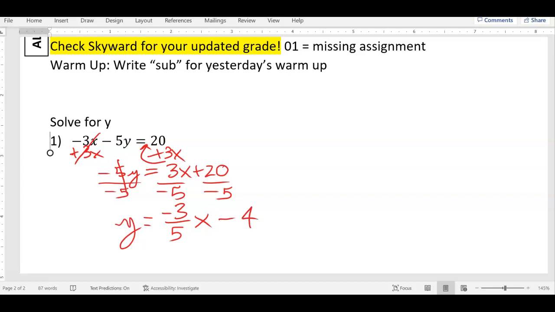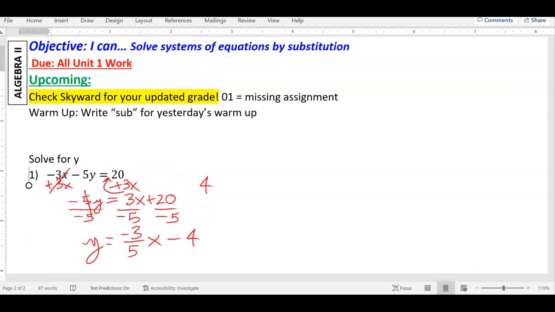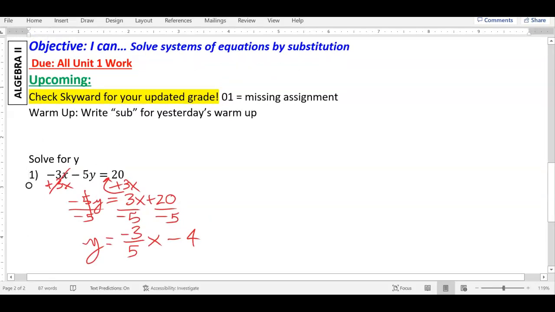Okay? Now, you have your objective. You have your warm-up. Yes. Okay, and so you have all that. Now, don't forget how to solve for y, because you definitely got to be able to do solving for a variable on today's notes.